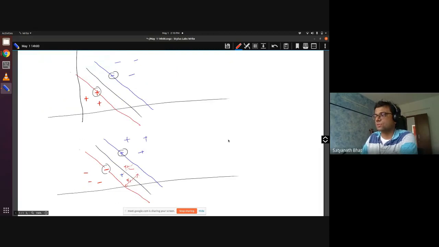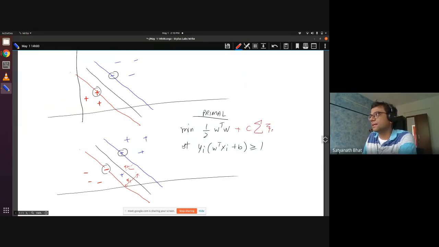The few extra constraints are here. That is plus C summation xi_i, i going from 1 to n. And instead of being able to appropriately classify everything, you are allowing some kind of tolerance.